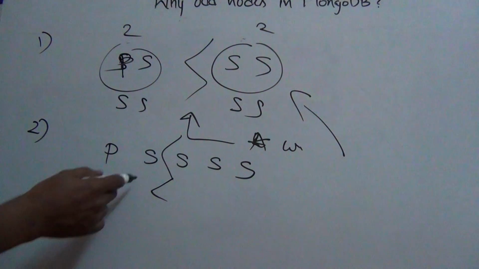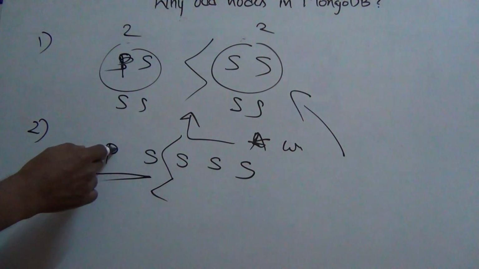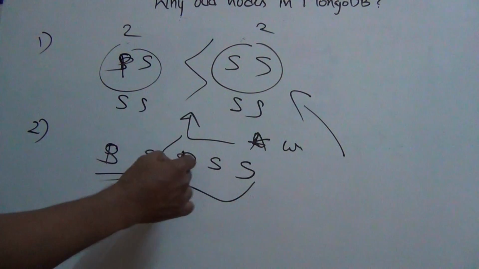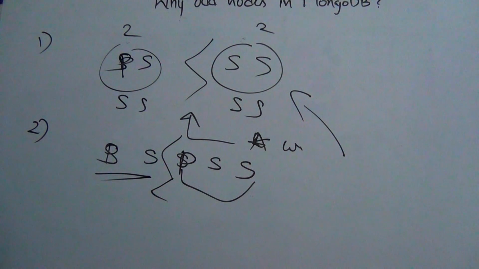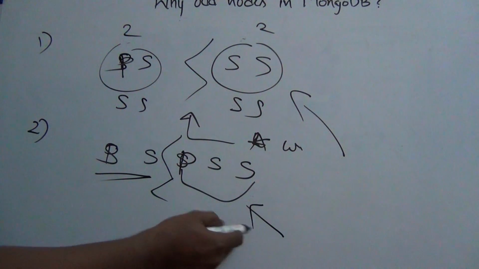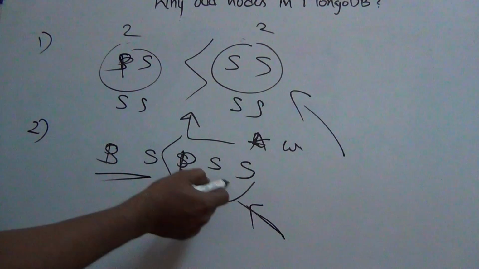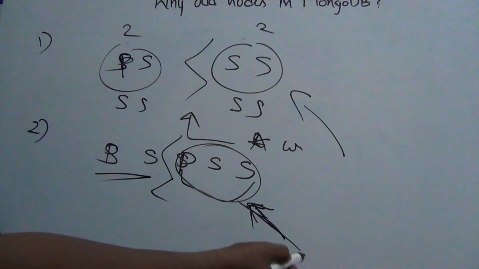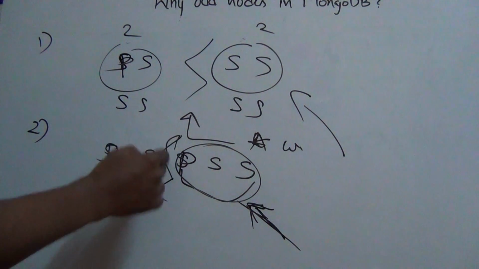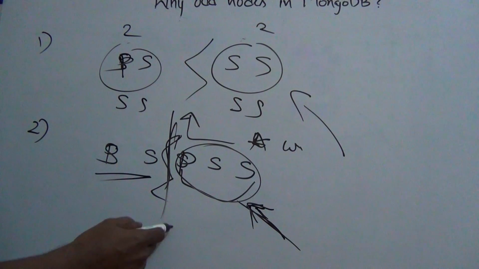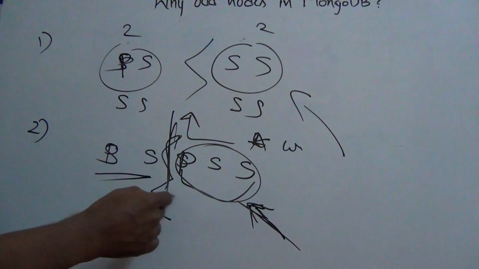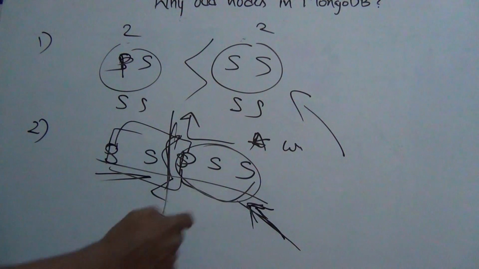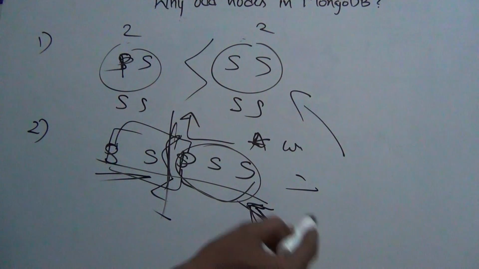In this case, since the majority is very less here, this side will become read only, and an election will happen on the other side, and you will see this as a primary, or any of the secondaries will become a primary, and you can write to this network. As soon as you get the network restoration, you get a sync from this primary to all the nodes. So in this case you don't see any issues.